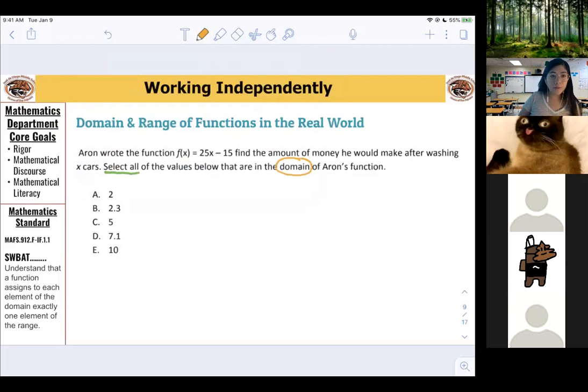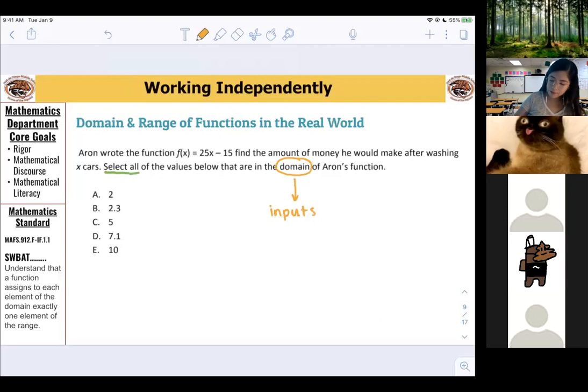All right, so I got a few good answers, but I also see a couple of questions. So I'm going to answer one of the questions. So if I'm looking for the domain, it is the input. And in this case, which variable represents my inputs?